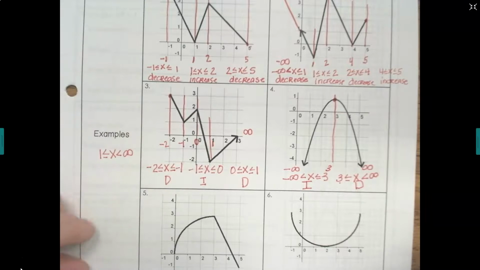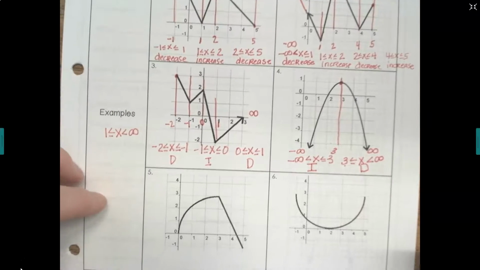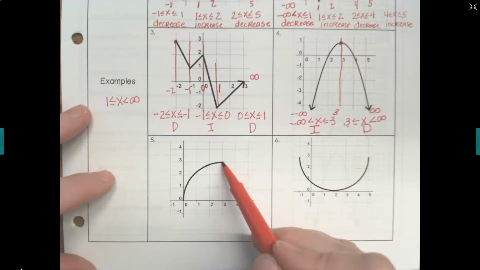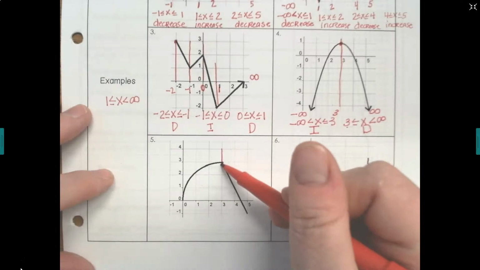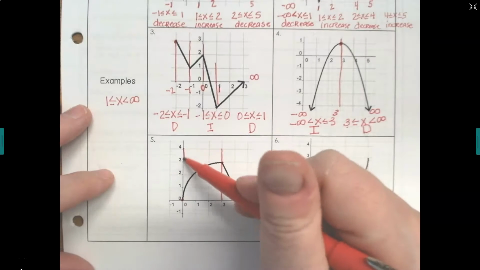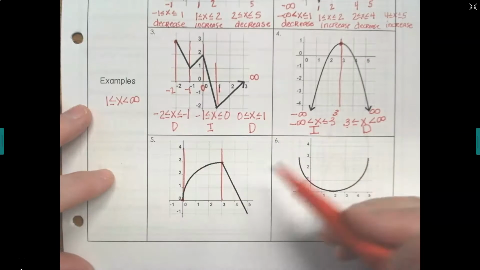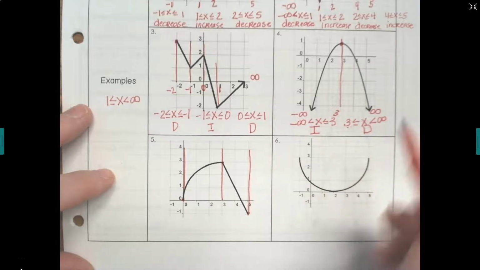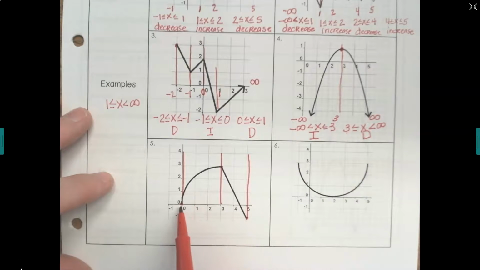All right, let's keep trying. Okay, so this one has a hard turn, you can see it, there's your turn right here. We have no arrow on this side, so we have a definite start, and we have no arrow on this side, so we have a definite stop. So let's look. On this side, we're starting at 0. We change at 3, and we stopped at 5.